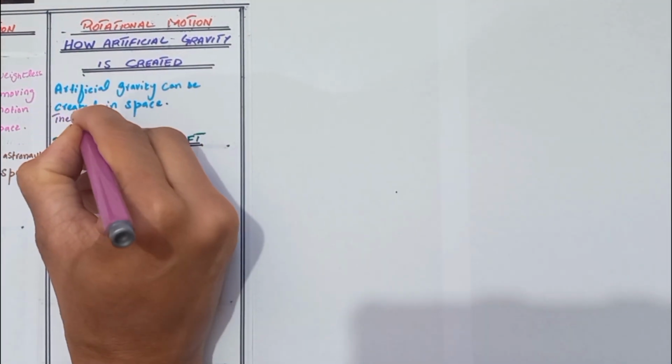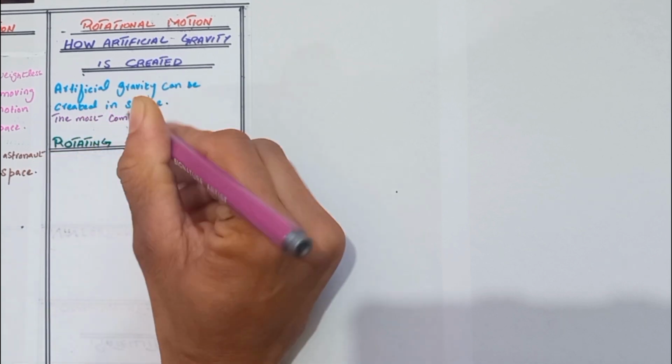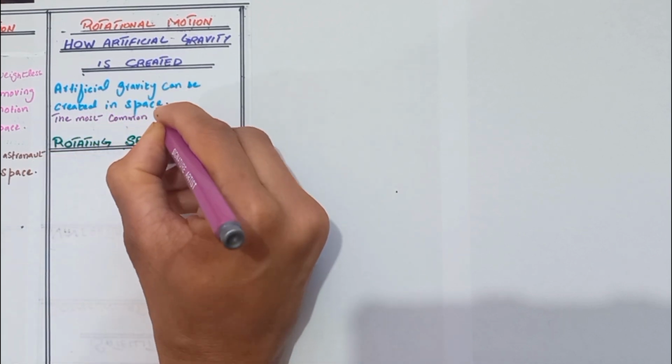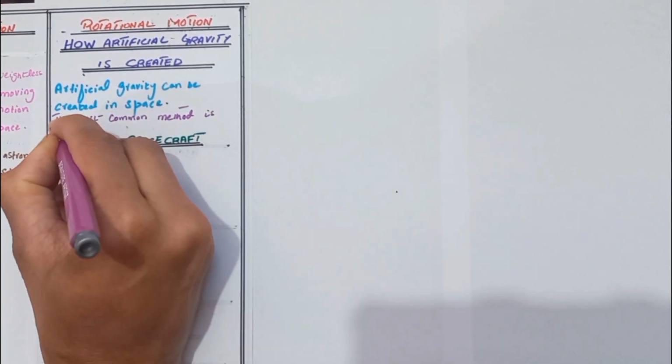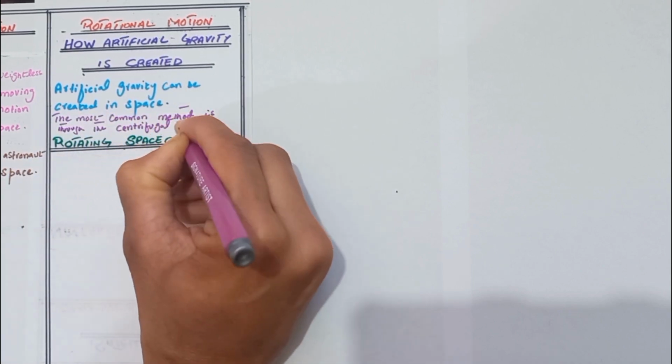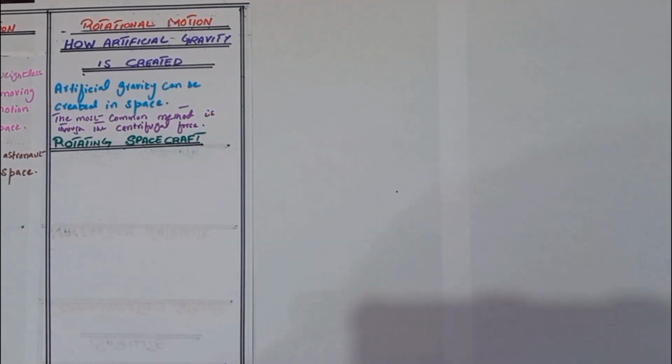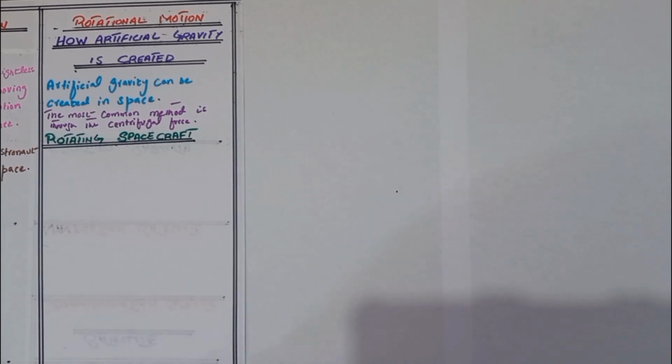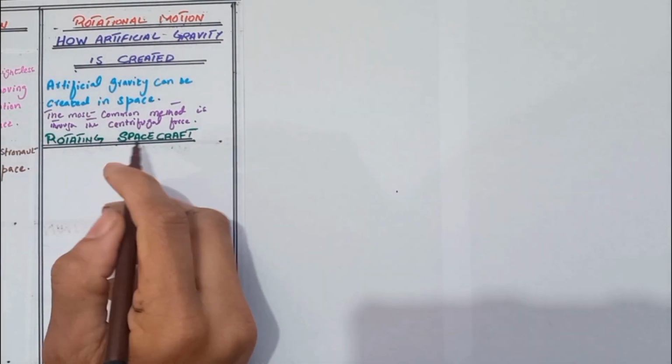The most common method is through the centrifugal force. Now we discuss the rotating spacecraft used for creating artificial gravity.